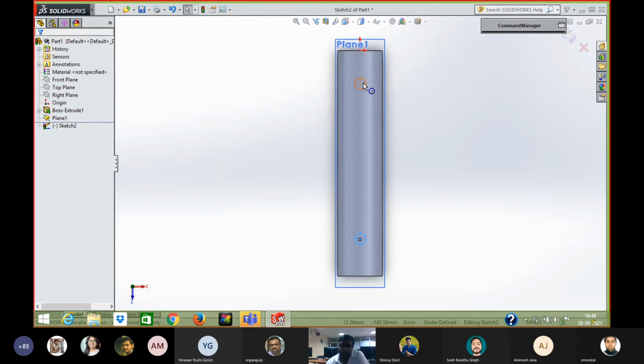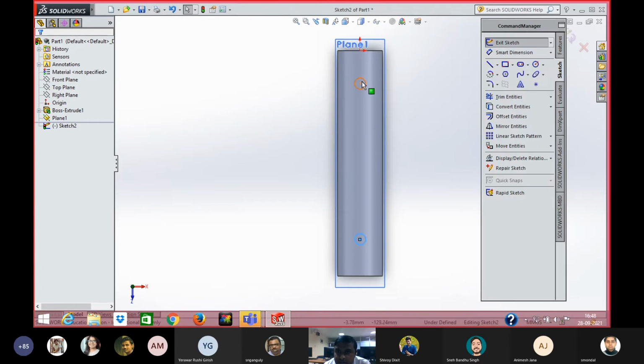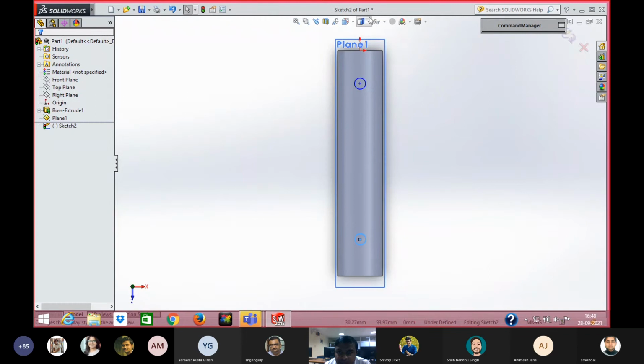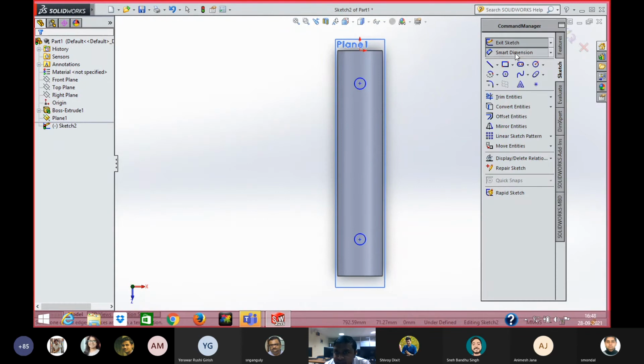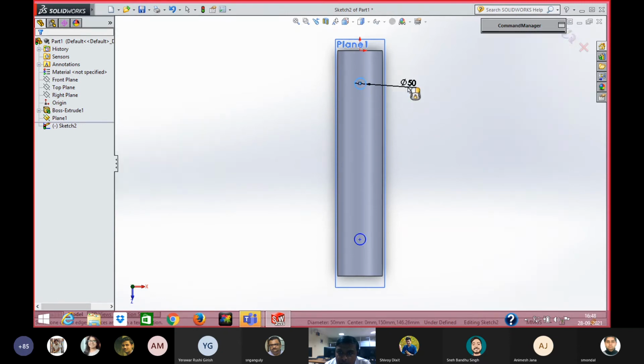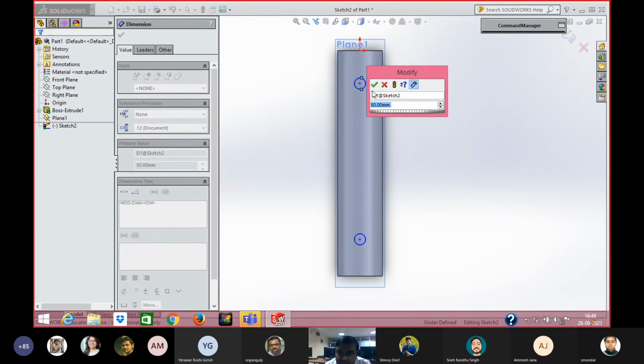So we have created a 25 mm radius circular hole. Then we can give proper dimensions for locating this inlet. Okay, the diameter is 50, it's okay.